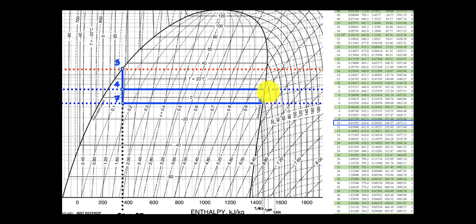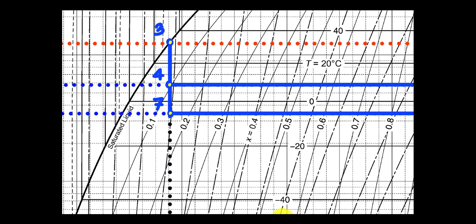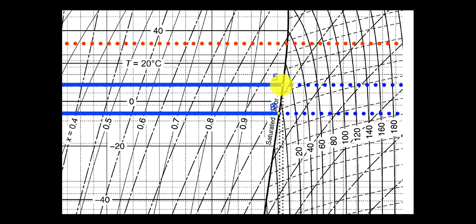So you will notice here, as I am going to zoom, we have a constant enthalpy from 5 to 6. Since we are going to expand, this is the same function that we have here, expansion, no? From 3, 4, and 7. So the same process will be occurring here from 5 to 6, then connecting to point 1.